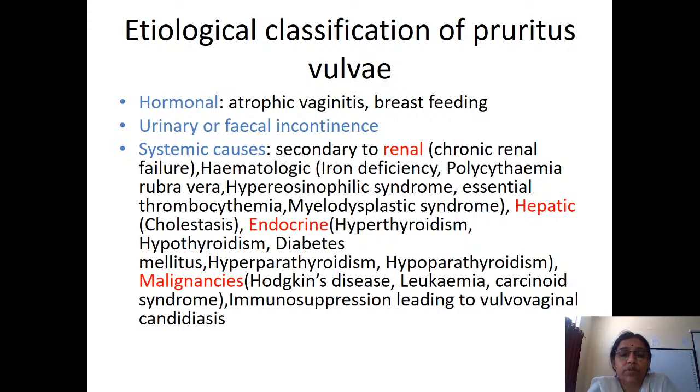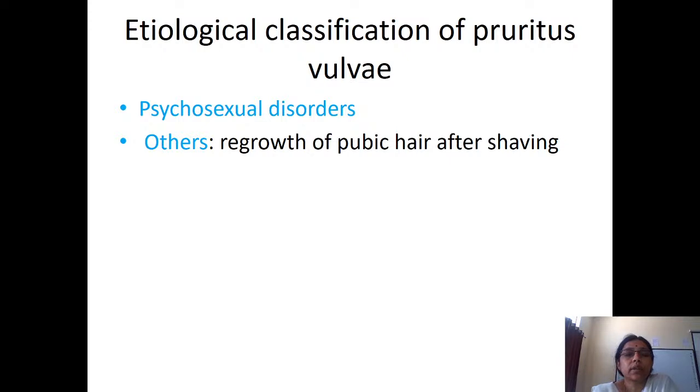Because of the immunosuppressive states, they lead to vulvovaginal candidiasis and thereby lead to discharge and itching. And then the other causes could be, rarely, psychosexual disorders or the regrowth of pubic hair after shaving. So these are all the etiological factors causing this condition.